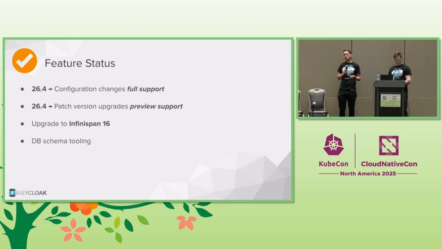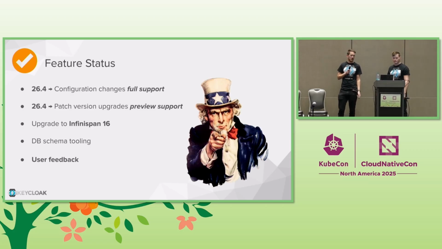We're also continuing to evolve the database schema tooling that I mentioned before. But most importantly, we would like more user feedback on this feature. So if you can read the documentation, try it out, let us know what you think on GitHub issues, Slack. The more feedback we can get, the better, and hopefully the feature will continue to evolve.